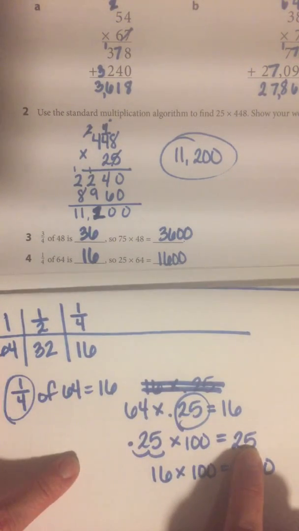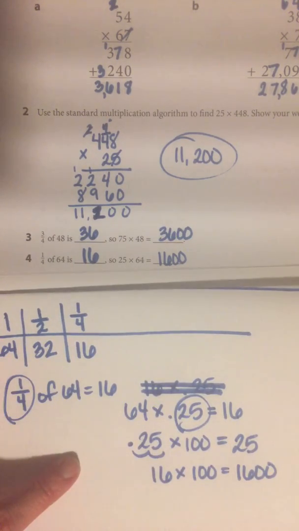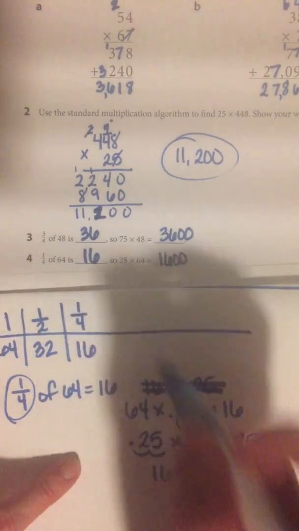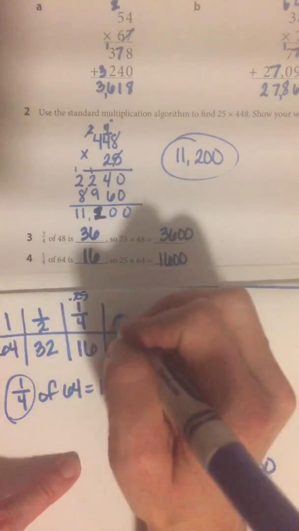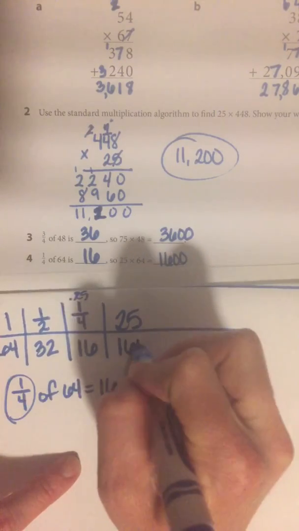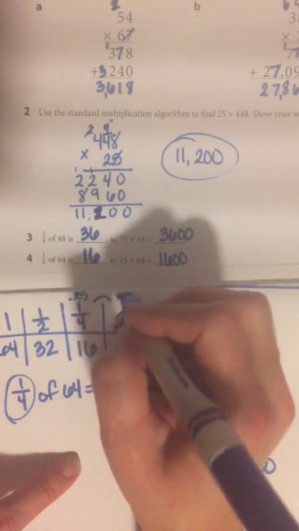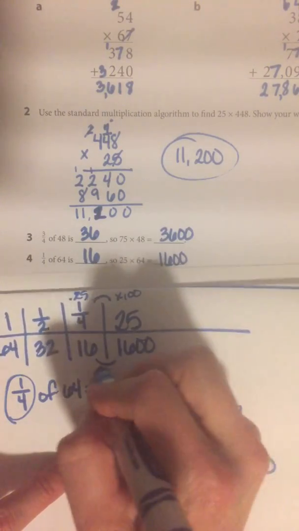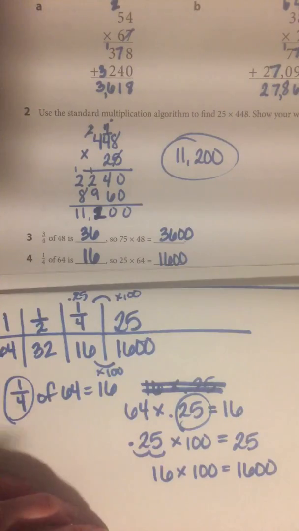Because 25 times 64 would be 1,600, because instead of 0.25, it is 25, which means it's 1,600, because we now multiply it times 100 and times 100. Whatever we do to the bottom, we have to do to the top.